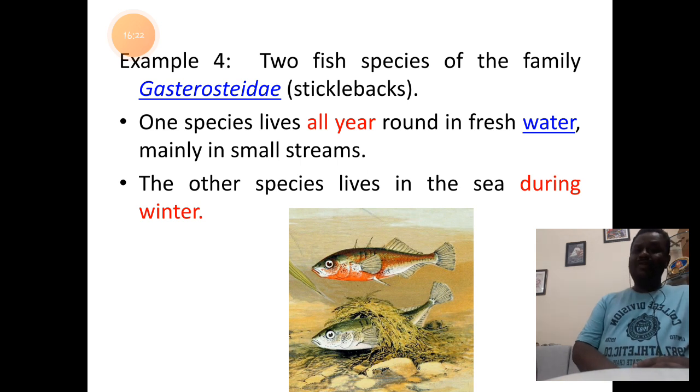Example number 4 for habitat isolation is two fish species of the family Gasterostidae, the sticklebacks. One species lives all the year in freshwater, mainly in streams. The other species lives in sea during the winter.